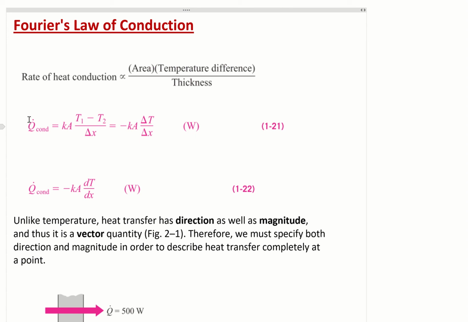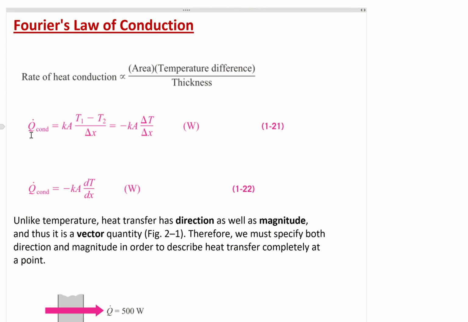So rate of heat conduction is proportional to area times the temperature difference divided by the thickness, and the proportionality constant is k, the thermal conductivity.